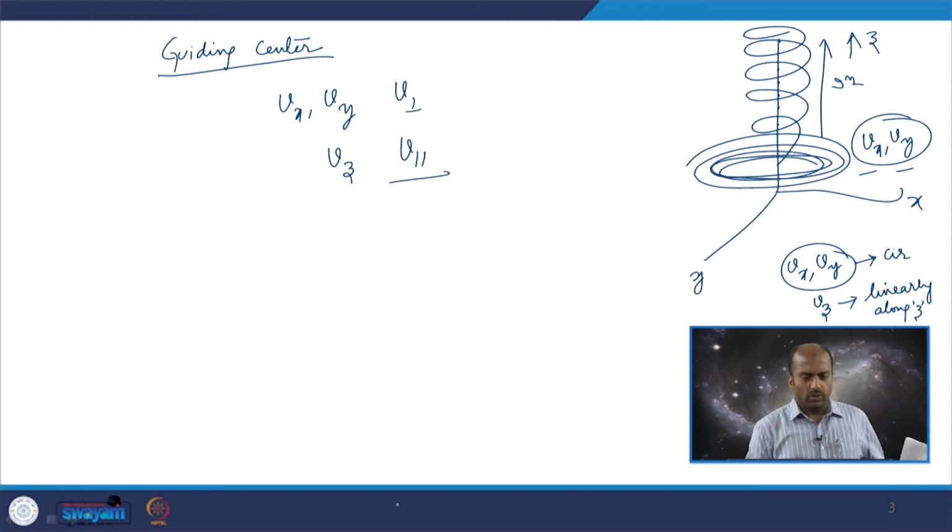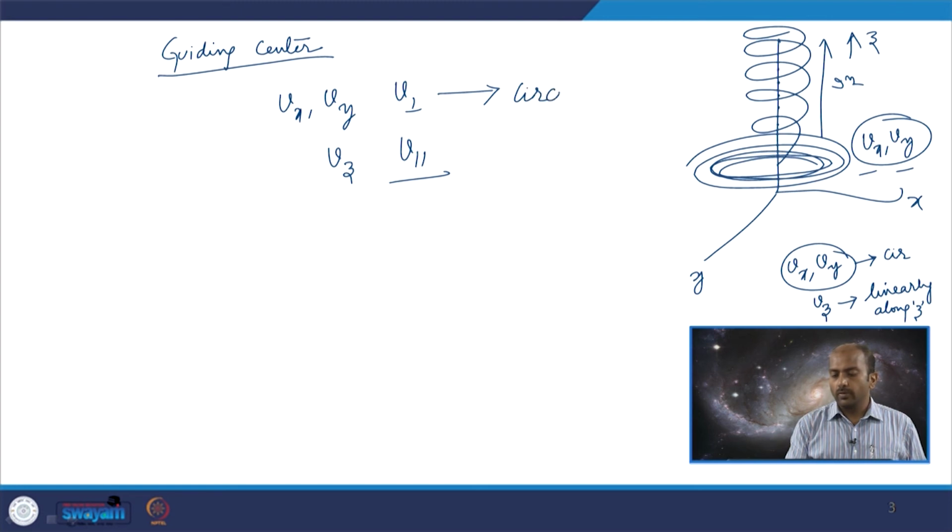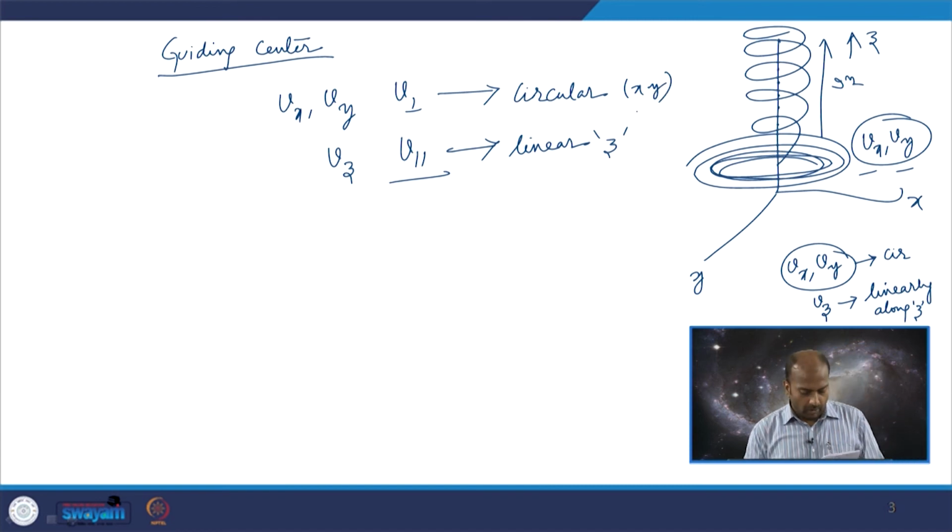So, as a conclusion, the perpendicular component will impart circular motion and the parallel component will impart linear motion along the z axis, along the direction of the magnetic field, with circular motion in the xy plane. Okay.